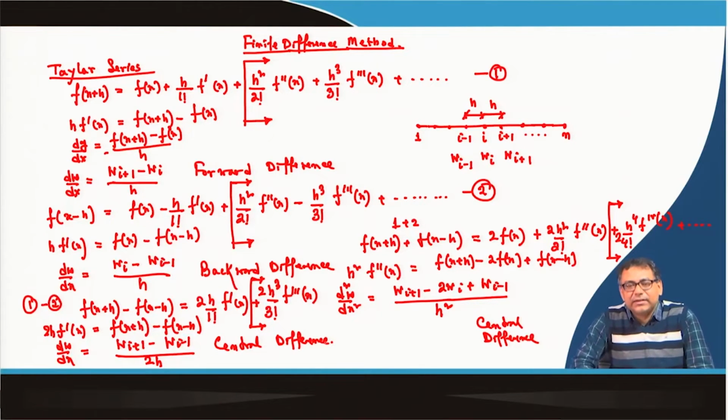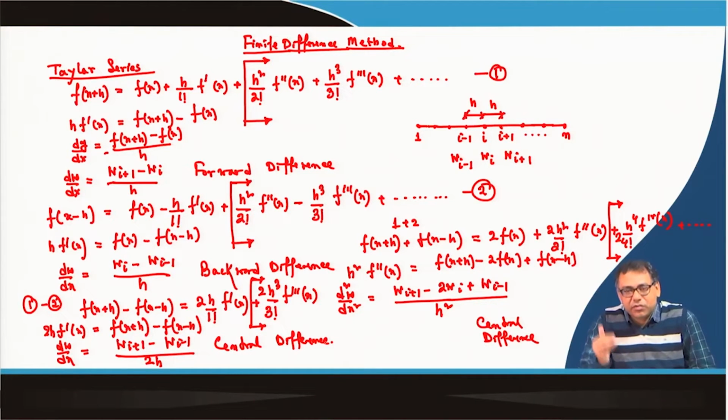In that sense the central difference scheme is less erroneous compared to the forward and backward difference schemes, because obviously there are some errors as we are neglecting some terms.